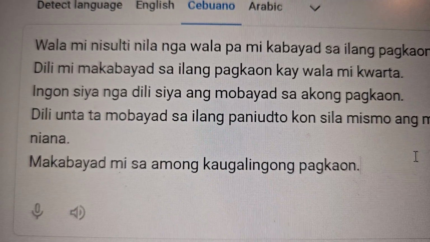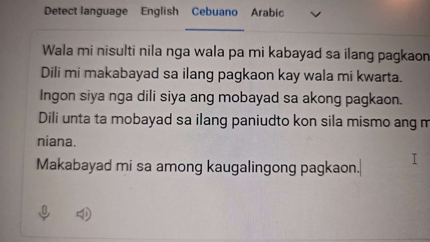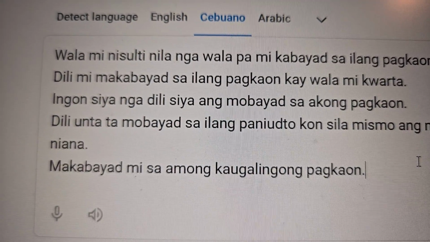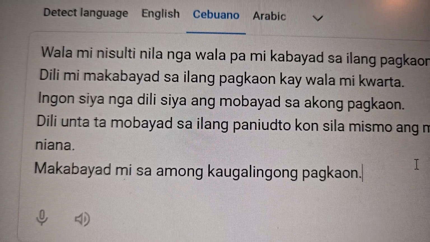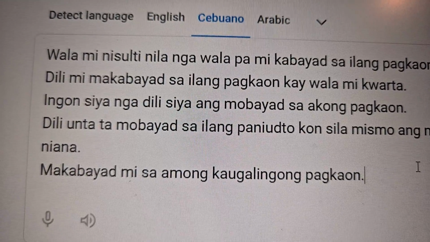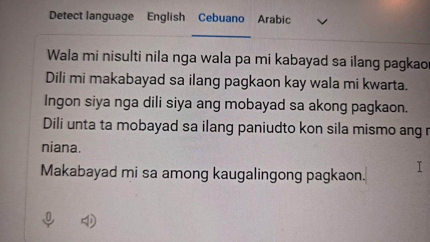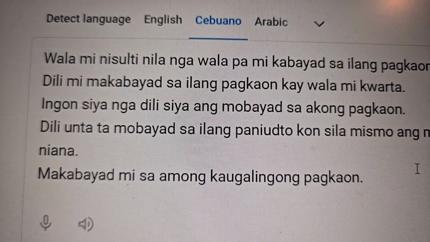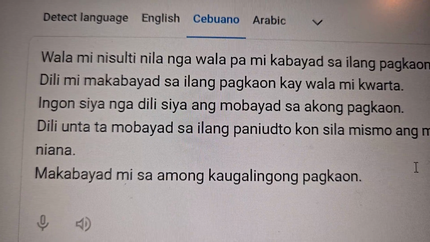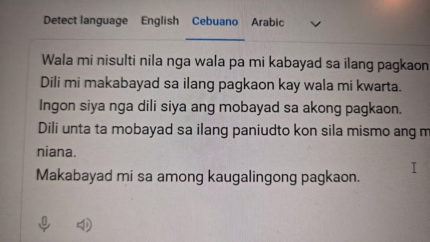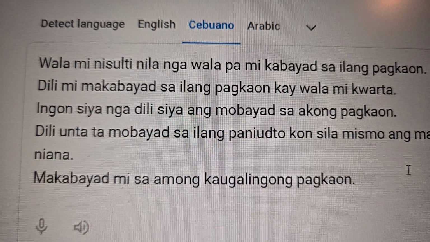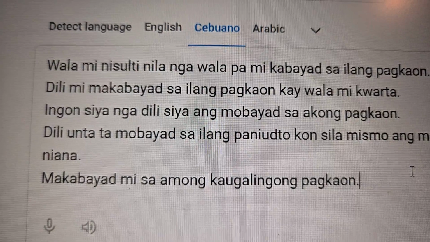In the next sentence, we use the word unta. Unta translates to should or would, but now we have the dili, which means shouldn't or wouldn't. Dili unta ta. That ta is short for kita. The one speaking is including the one being spoken to.